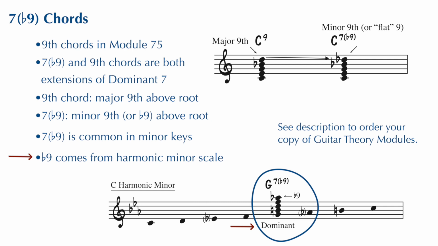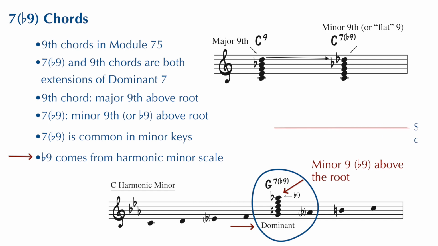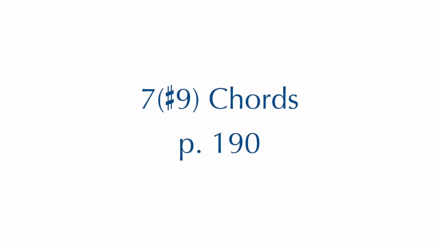So if we use the notes from the C harmonic minor scale, we can stack the notes in thirds starting on G, again the dominant of C harmonic minor, and then we get these notes from low to high: G, B, D, F, and A flat. And that A flat is a minor 9th or flat 9 above the G, which is the root of the chord.